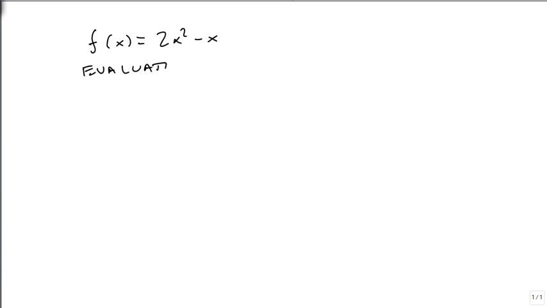So when we evaluate, we're going to be given an x, say f of 2. And then this way we specify what our value is. So this is x. And wherever I see an x here, I'm going to put a 2.